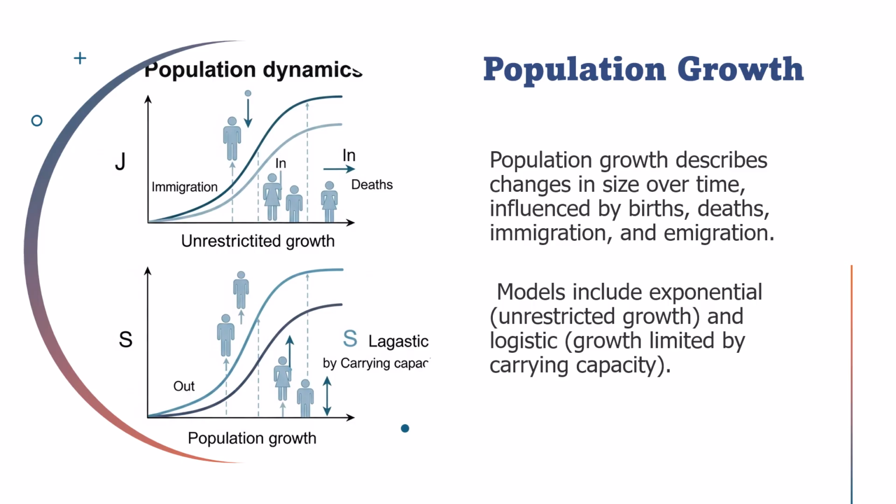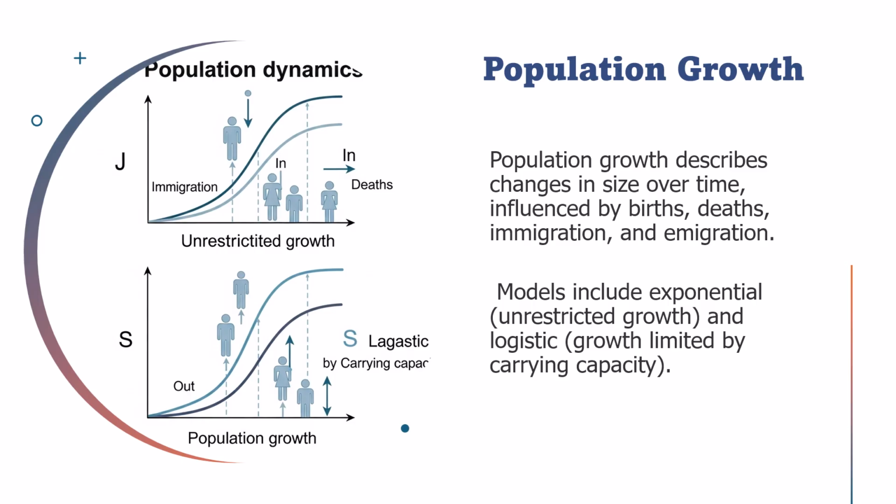Population growth reflects changes in population size over time, driven by births, deaths, immigration, and emigration. Two main growth models are studied: the exponential growth model, which occurs when resources are unlimited, and logistic growth, which levels off when the carrying capacity is reached.